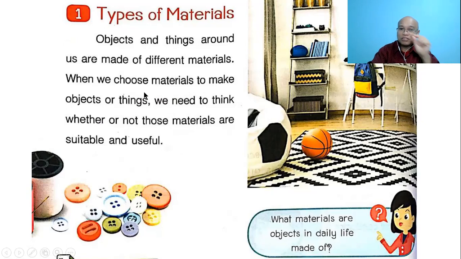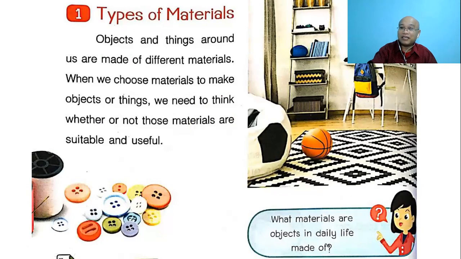When we choose materials to make objects or things, we need to think whether or not those materials are suitable and useful. The question is, what materials are objects in daily life made of?